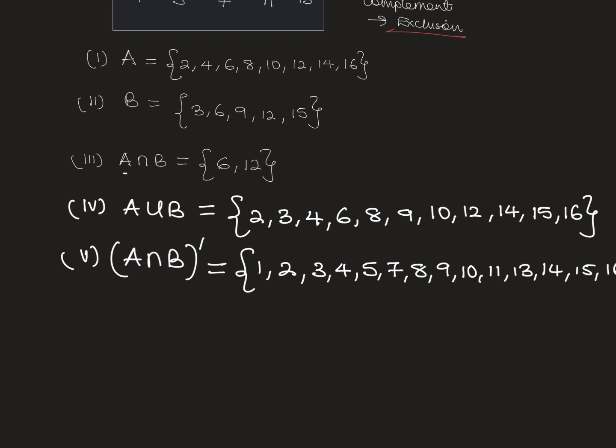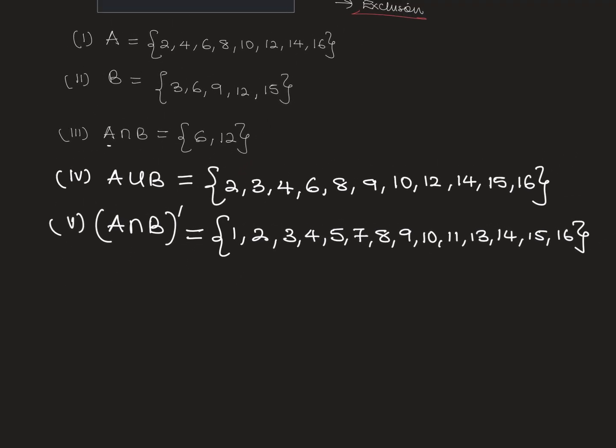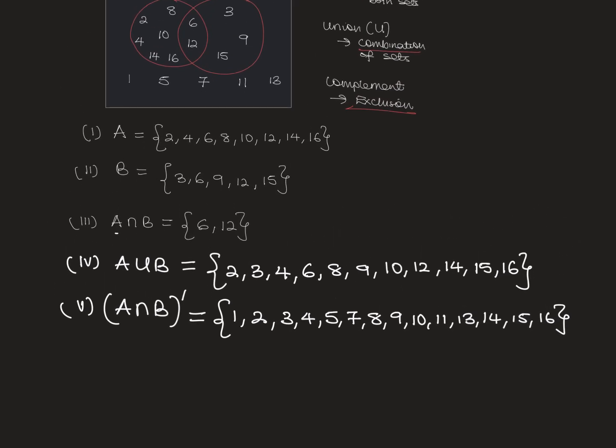That is what A intersection B all complement means. Meaning, first find A intersection B, then exclude that. When you exclude that, whatever is inside the universal, you have to write it except them.